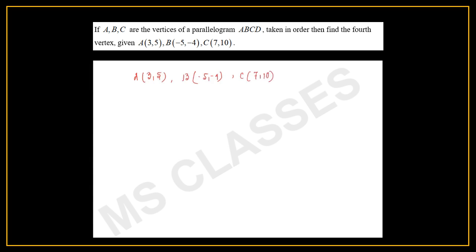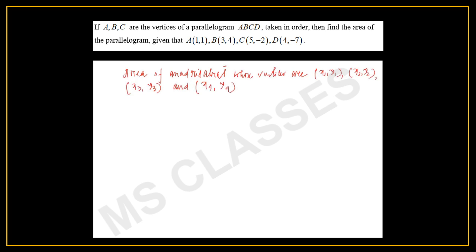Just keep in mind that it will be A plus C minus B. This is true for abscissa as well as ordinate. So it is 5 plus 10 minus of minus 4, just the addition of the three numbers here. So it is 15, 9.